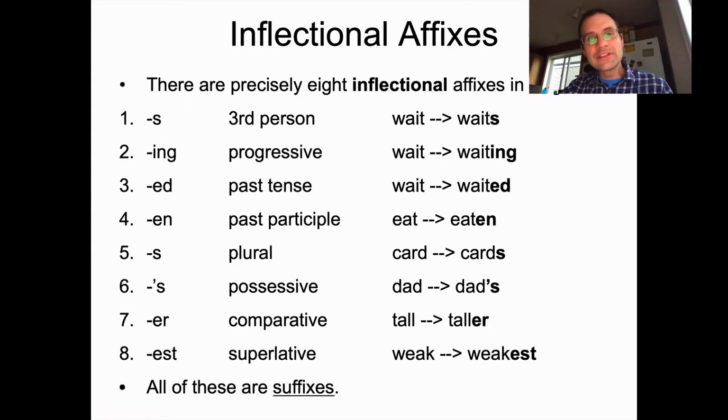All of these inflectional affixes in English happen to be suffixes. That is not always the case in inflectional morphology across the languages of the world, but in English, we're relatively lucky in that this part of our system is pretty simple, so hopefully you can wrap your head around it.